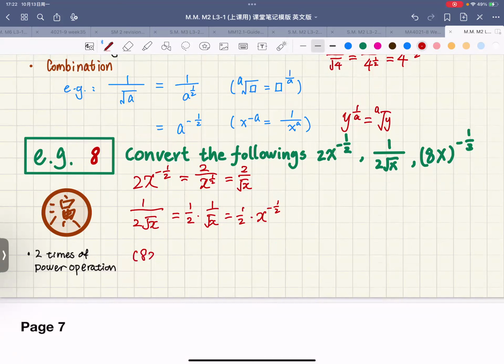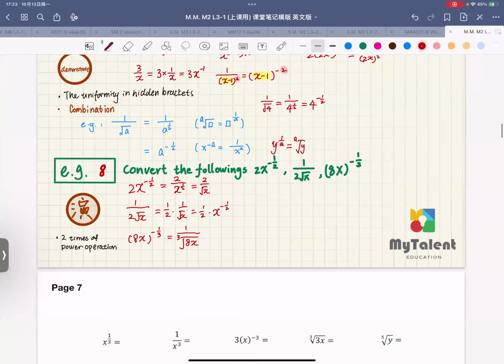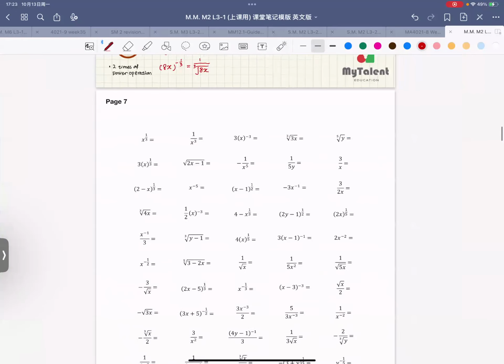And 8x to the power of -1/3 is equal to basically 1 over the cube root, not square root, sorry, the 3 root of 8x. All right, any question? All clear? All right. Okay.